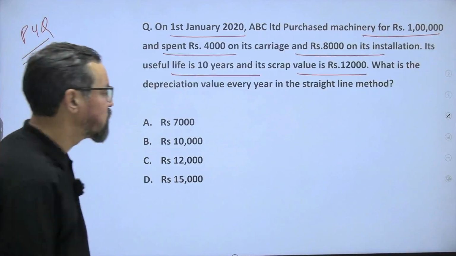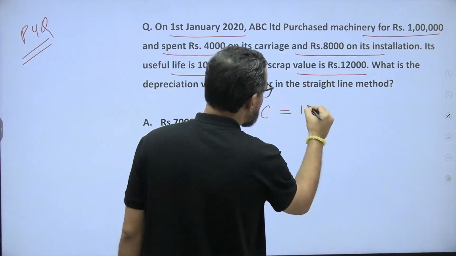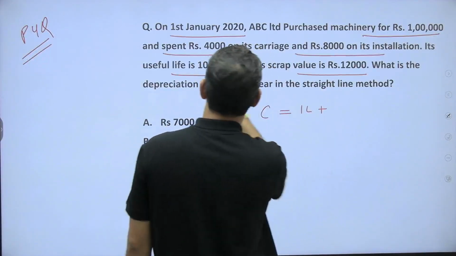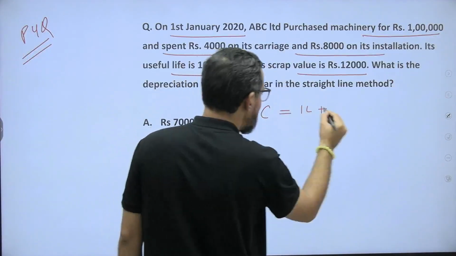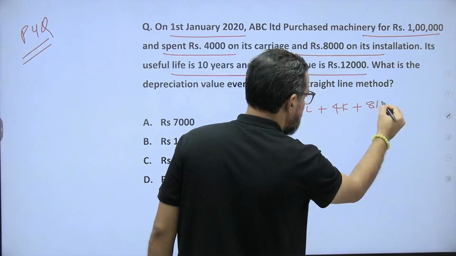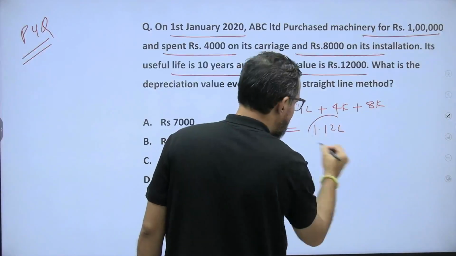Very simple. So your cost is equal to the purchase cost of 1 lakh plus 4,000 on carriage plus 8,000 on installation. So the total cost is 1.12 lakh. This is the cost.